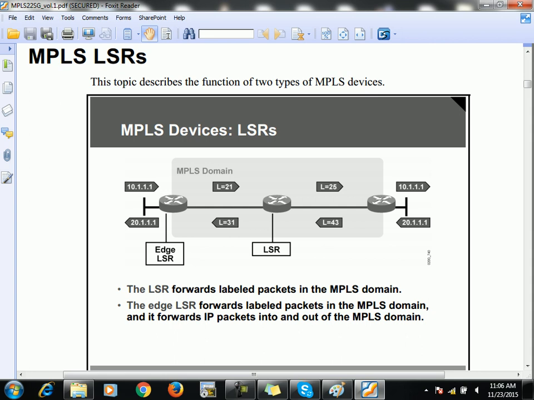The only difference between Edge LSR and LSR is that an LSR has all its interfaces in the MPLS domain, whereas an Edge LSR has some interfaces in the MPLS domain and some interfaces in the non-MPLS domain.